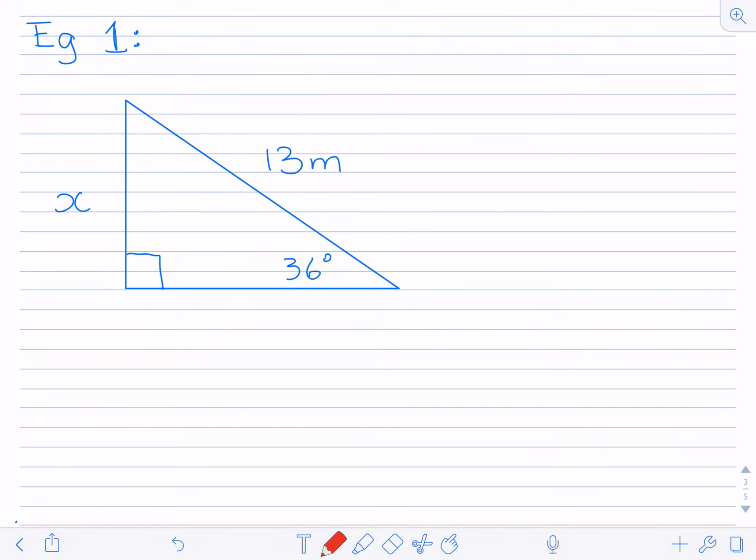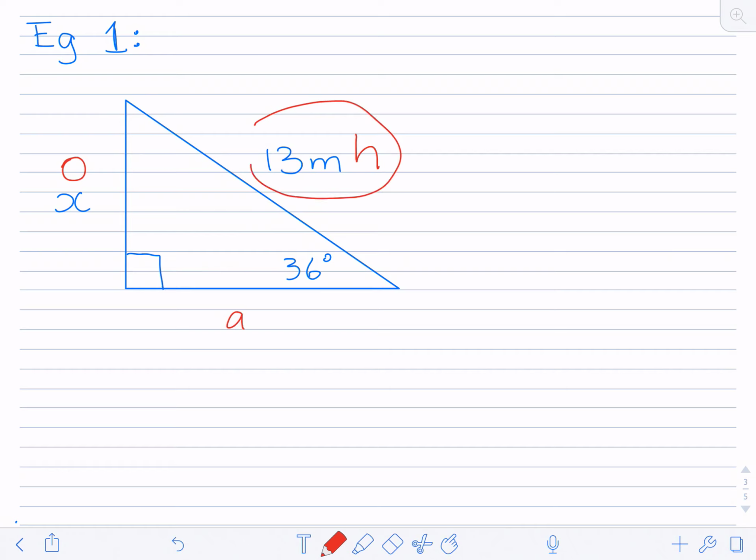So step number 1 was to label the triangle. We have our right angle in the corner there, so this 13 meters is going to be my hypotenuse. I have my angle of 36, so opposite that, where the x is, this is going to be my opposite side, and my last side is my adjacent side. Now that I've labeled my triangle, let's have a look at which two sides am I using.